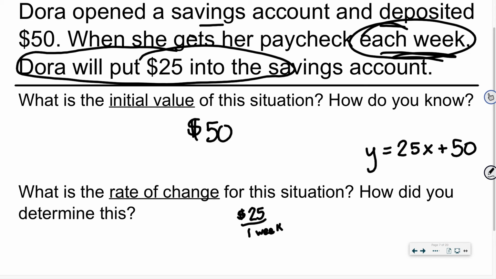So now let's take it one step further, because eventually we'll get here. That's the equation that represents this situation. Dora opened her account with $50. She's adding in 25 a week. Could you tell me how many weeks it would take her to save $1,000? If I asked you to fill in a value in this equation to determine how many weeks would it take Dora to save $1,000, what would you do with this equation?